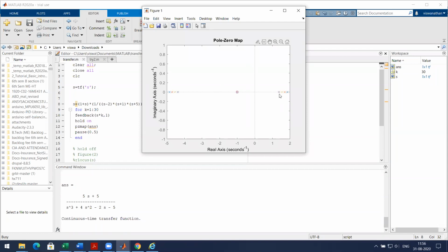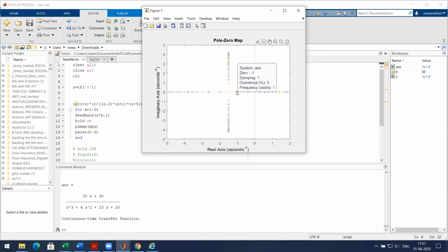So this pole came to this 0, and this pole met here and is going towards infinity. There is a 0 here and also a pole.